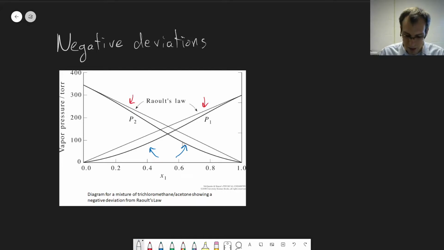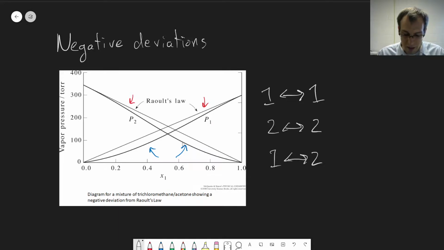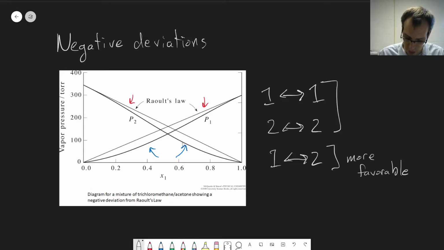behavior. And this tells us, if we're thinking about our different types of interactions here, the unlike interactions are actually more favorable in comparison to the molecules interacting with their same type of molecule. So we have the opposite effect of what's happening with the positive deviations from Raoult's law.